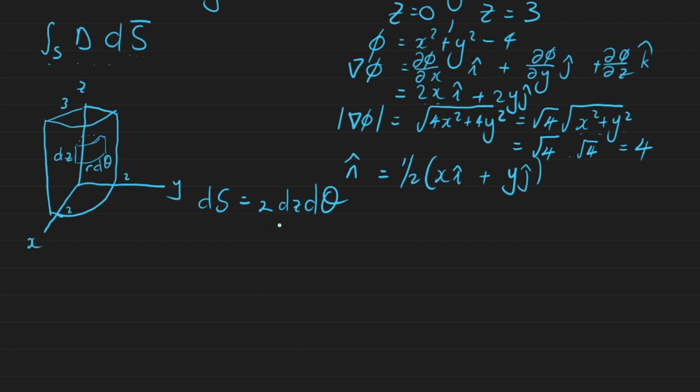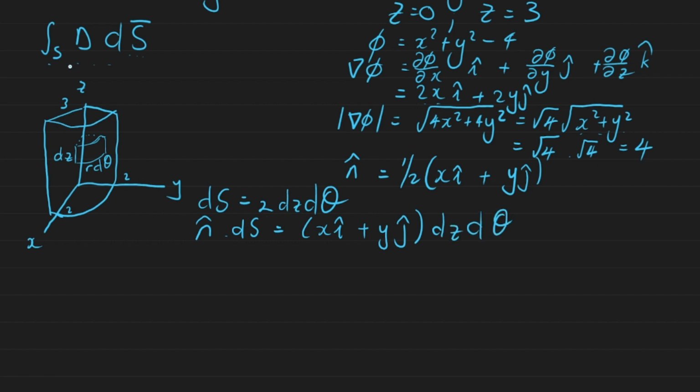But when we now multiply this by the unit normal vector, the unit normal vector multiplied by dS is equal to, so 2 times a half just gives us 1. So we're left with xi plus yj times dz d theta.